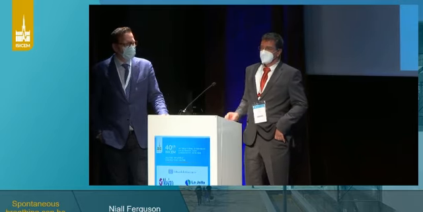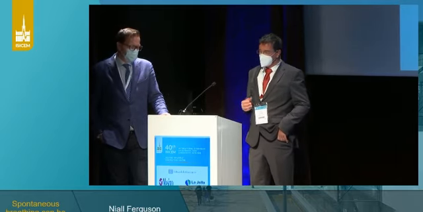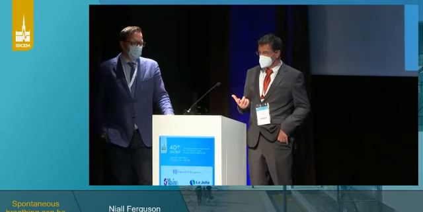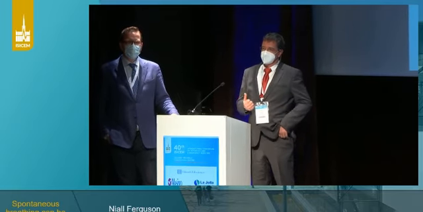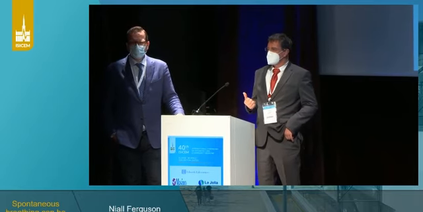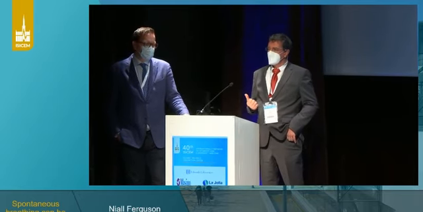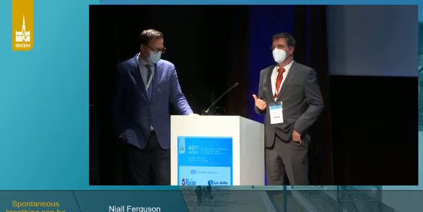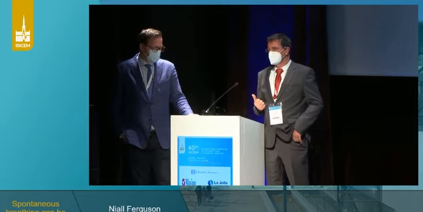In this study, the lungs of the rabbits were severely injured. And then there were two groups of rabbits. One group was sedated with propofol and dexmedetomidine and put on the ventilator, which is what we would always do with patients.